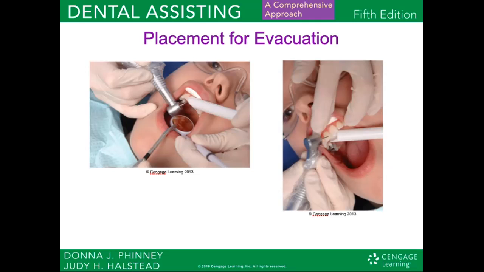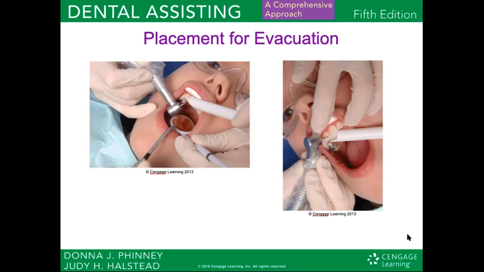The evacuator tip is placed near the lingual surface of the maxillary anterior teeth, with the bevel tip rotated to catch the water near the facial surface, with the bevel of the tip rotated towards the incisal edge of the maxillary teeth. So depending on which direction the doctor is placing that handpiece, you want to be on the opposite side, catching the water as it shoots out of the handpiece.